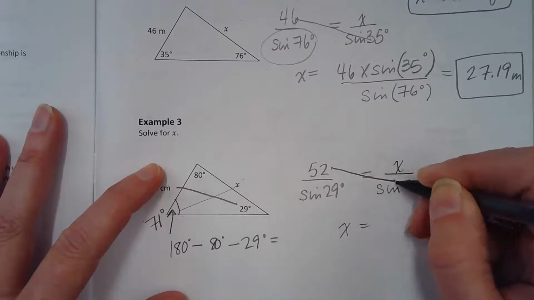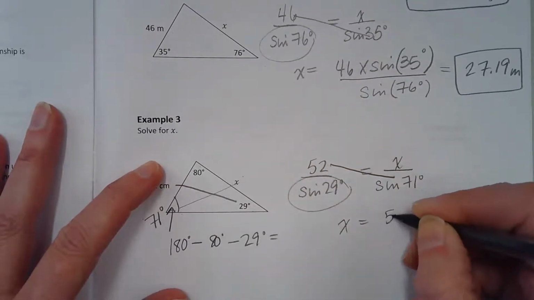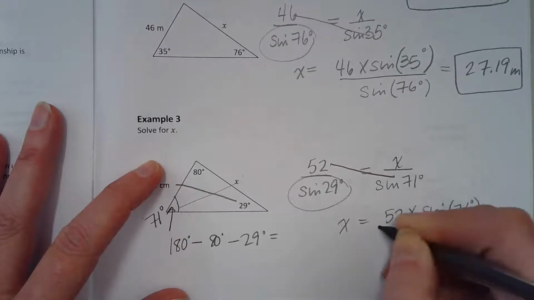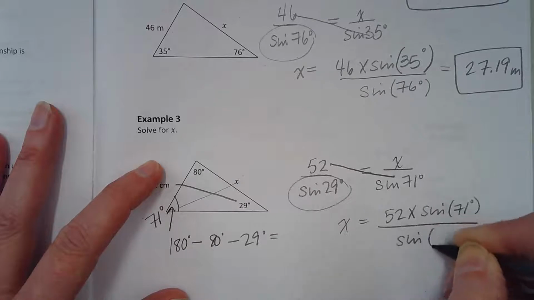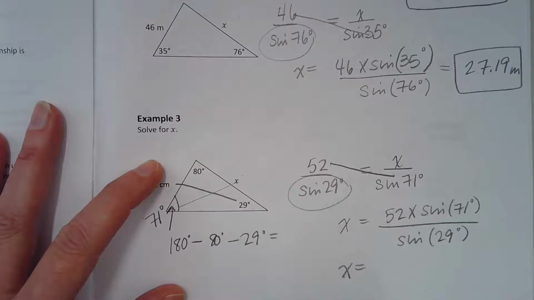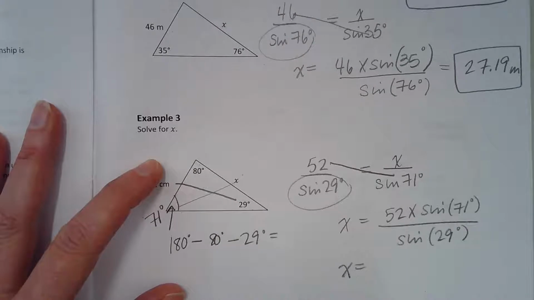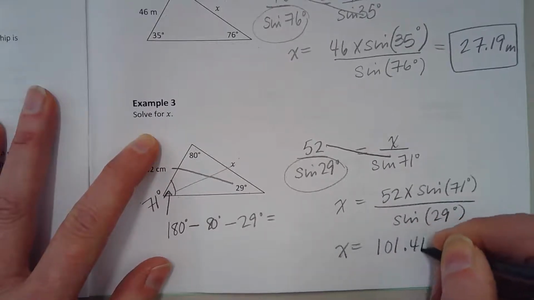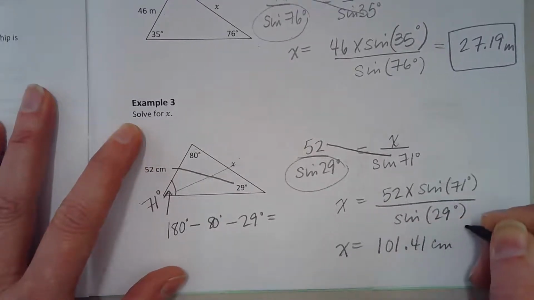Multiply the crossed numbers and divide by the one that doesn't have a partner. 52 times sine 71 divided by sine 29. 101.41 centimeters.